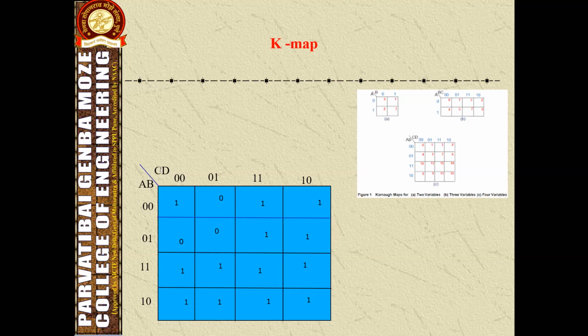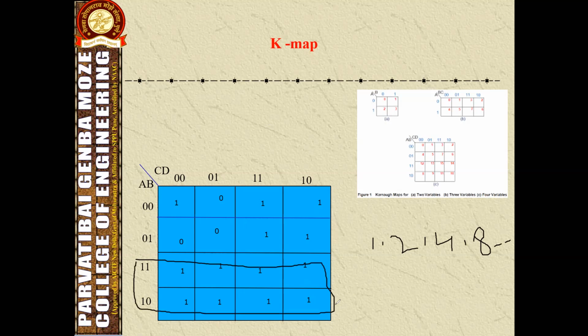First consider grouping of the cells having 1. The group size should be 1, 2, 4, 8, like this. So first here we can consider this as a group having 8 ones.